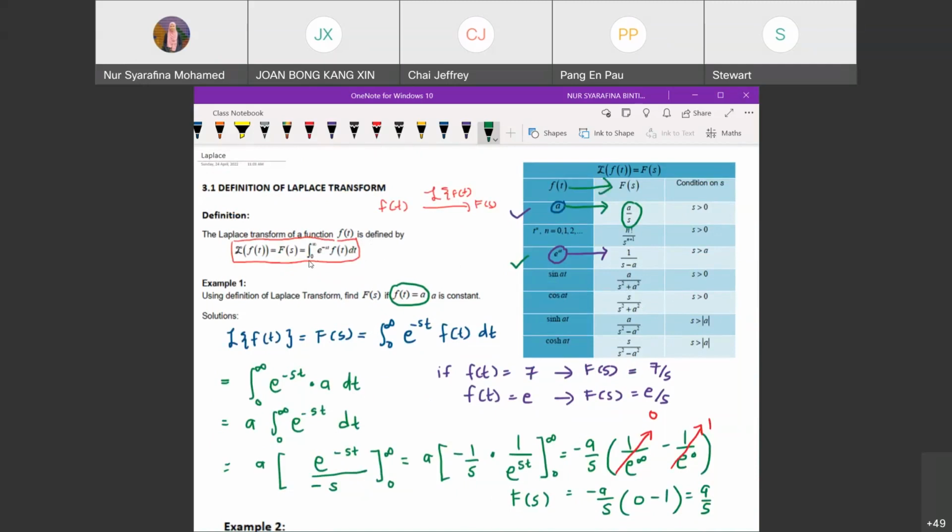So from f(t) to F(s), we apply Laplace transform. After this, we are going to reverse the process from F(s) to f(t) by using inverse Laplace. But let's just focus on how to transform first today.